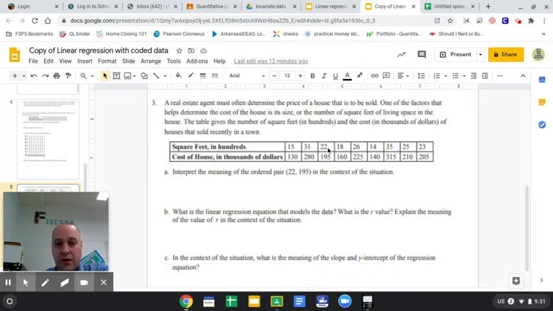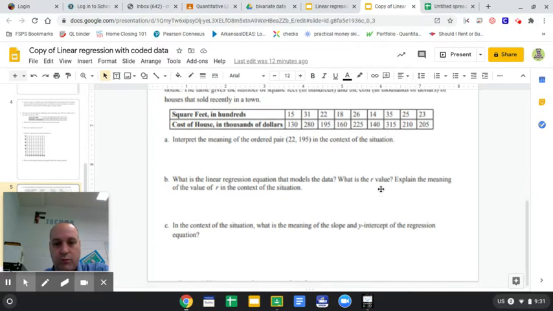So here's another one where we're probably going to have to put it in the calculator or in the spreadsheet. Interpret the meaning of 22,195. That just means that a 2,200 square foot house should cost $195,000. That's what it means.